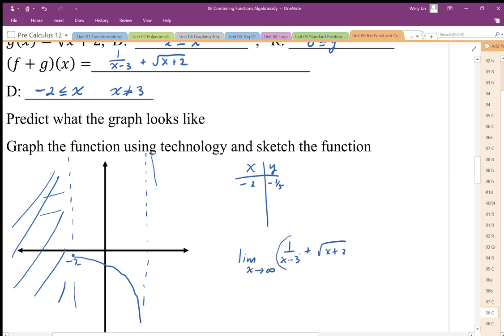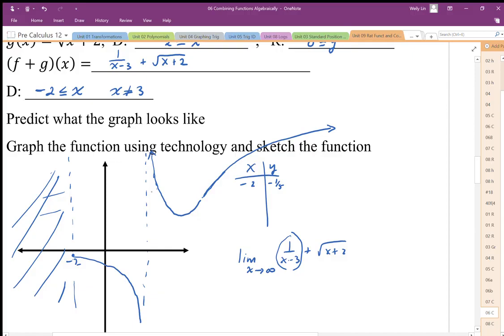The 1 over x minus 3 term goes to 0. As that term goes to 0, the graph starts to behave like the square root function. So although it's going down along the asymptote, it has to turn around and start behaving like a square root function at some point. So this is what the graph is going to look like.